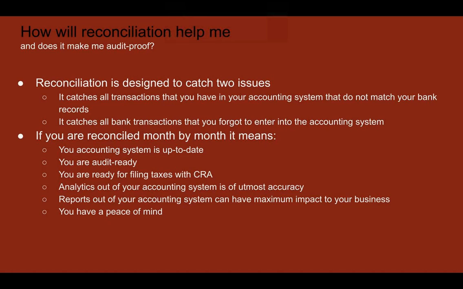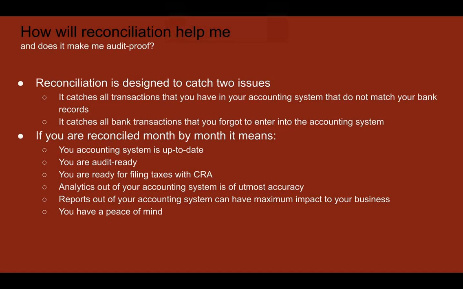The other one is if you're reconciling month by month, then you're able to spot a few things like, your system is up to date. You know that whenever you have an audit or whenever you're having to pull out a document based on what does this client owe you, or any client owings or any client, let's say, invoice to date or something like that, invoice balance report, everything is basically up to date in your system, that any document that you're trying to generate would actually be up to date.